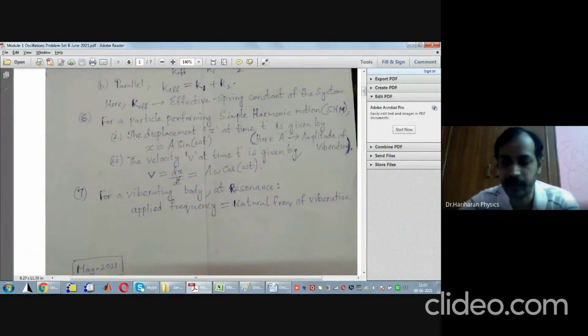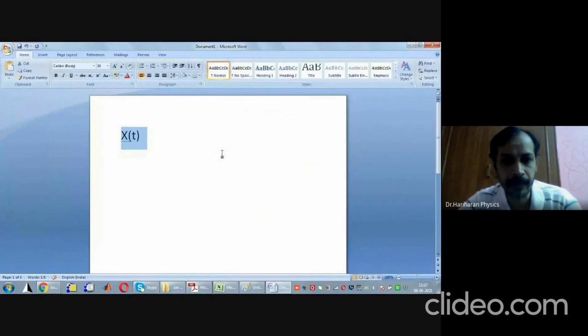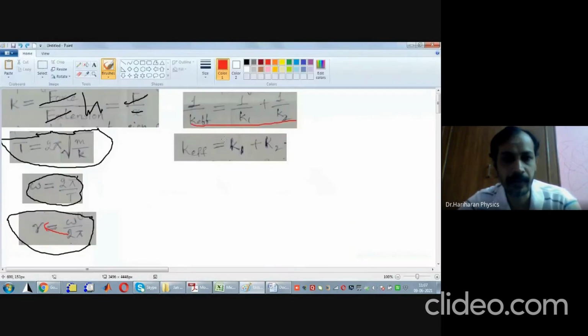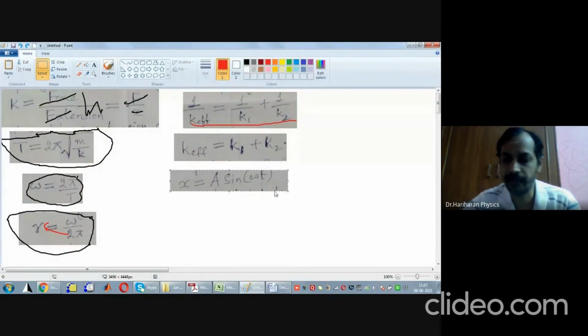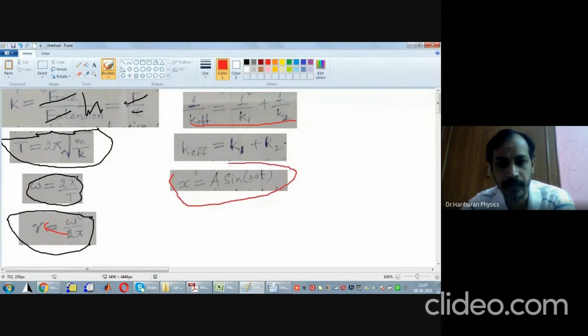So what is the displacement at any instant of time given by? x of t is equal to a into sine of omega t. So the displacement of the particle at any instant of time that is executing simple harmonic motion is given by x of t is equal to a into sine of omega t. And what is the velocity of the particle given by?